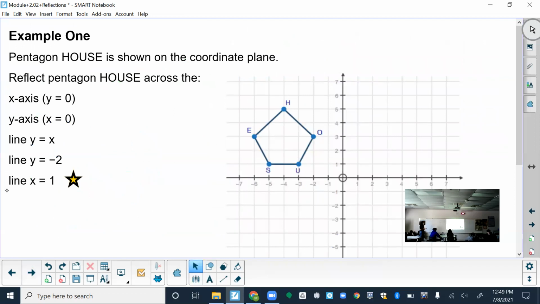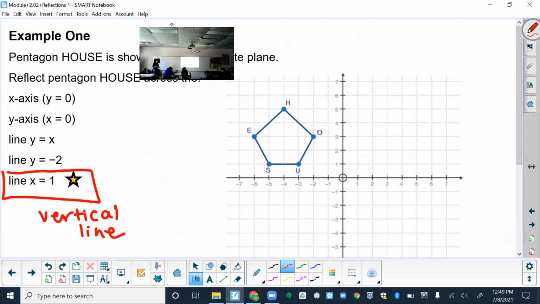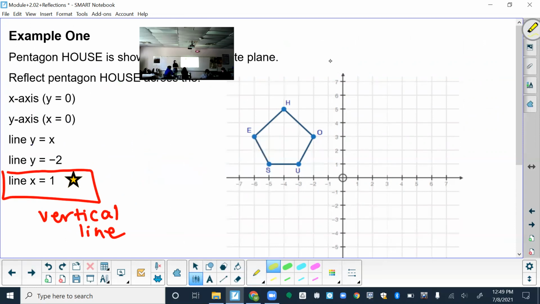For this one, for x equal to 1, is that line horizontal or vertical? Good. Anytime it's x equals, it's going to be a vertical line where all the x values are 1. So think in your head where that might be.